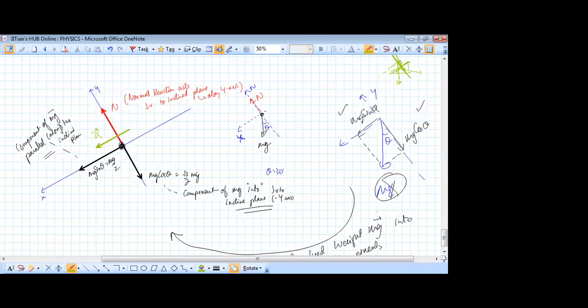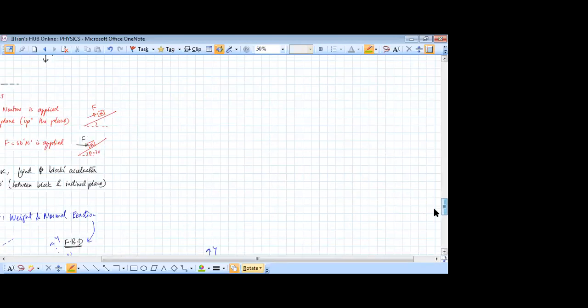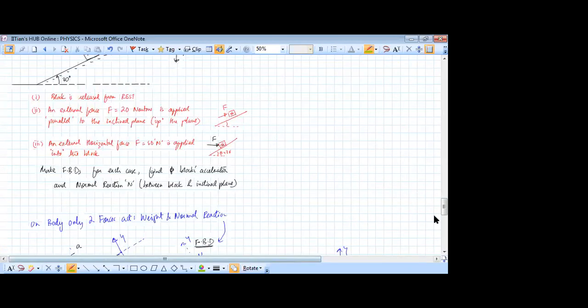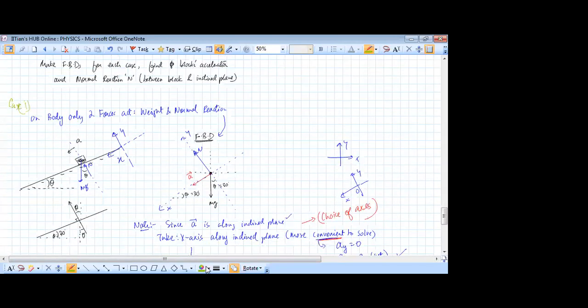Okay, so let's go over the sequence of the steps again. First thing is, we understand the force picture. In this first case, we release the block from rest, with no external force separately applied.